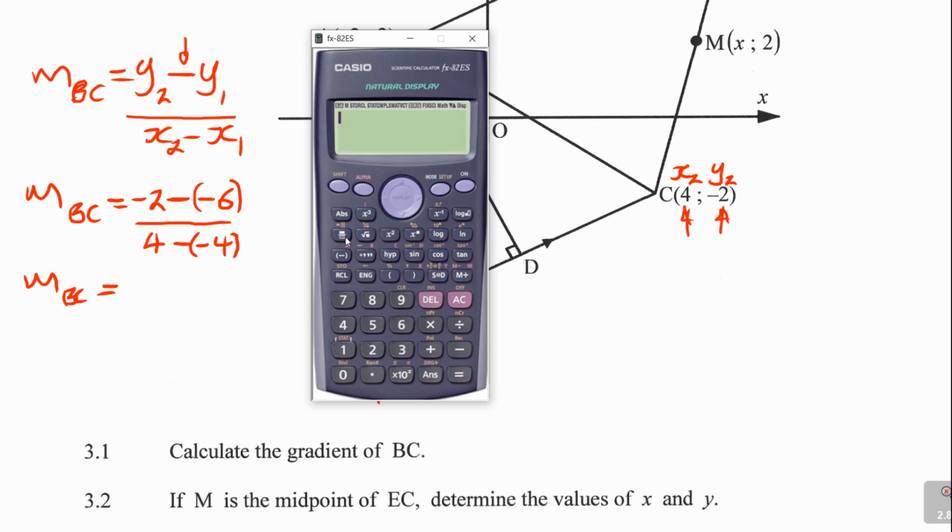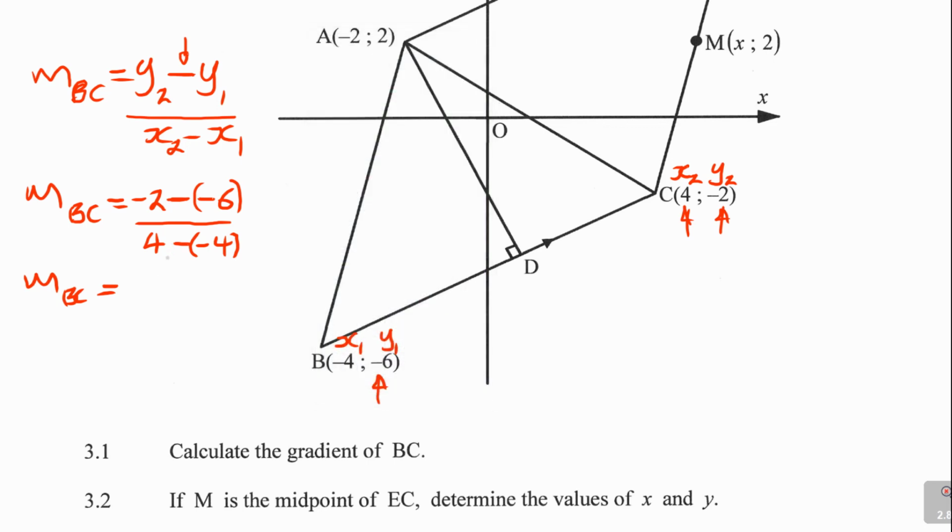The calculator is your guy. As I say, -2 minus -6, even if you did that, you still get your answer. And then 4 minus -4, and then the gradient is 1/2. The proper way is to put the brackets. So there is the gradient, it's 1/2.